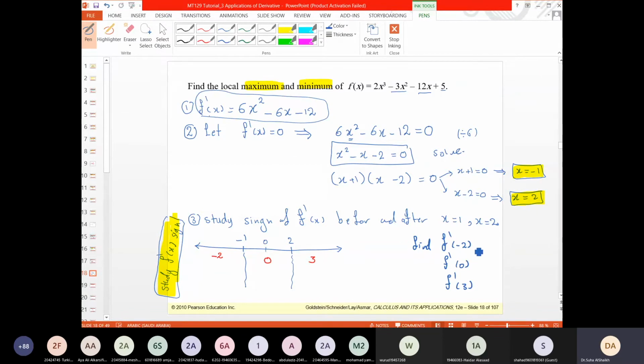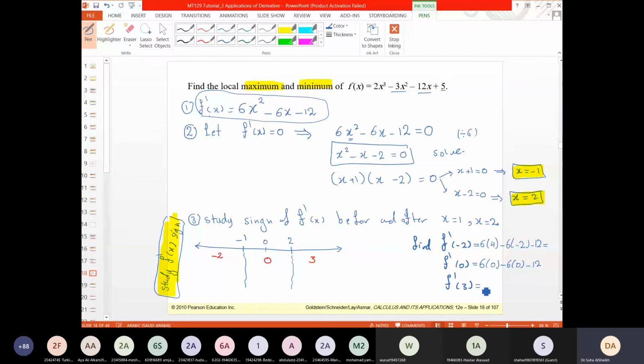So f dash at the -2 is equal to 6 times -2 squared times 4, minus 6 times -2, minus 12. Calculate this for me please. Now at the 0 this will be 6 times 0, minus 6 times 0, minus 12.